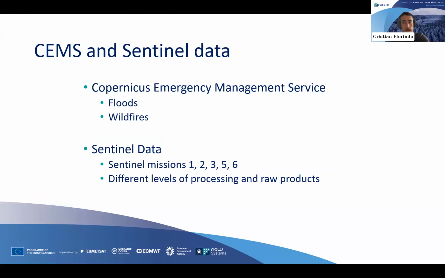And then finally, we also have some data sets from the Copernicus Emergency Management Service, mostly related to floods and flood information. And then again, the different data from the different Sentinel missions with different levels of processing.